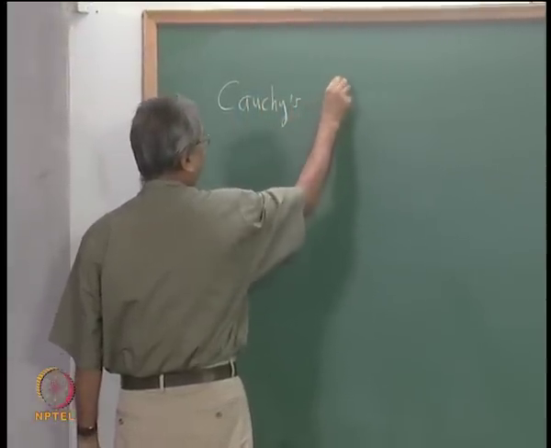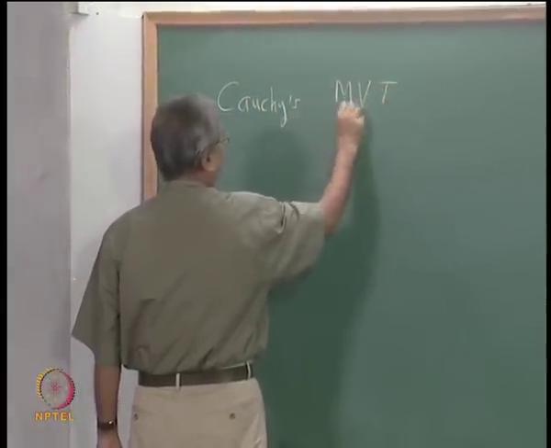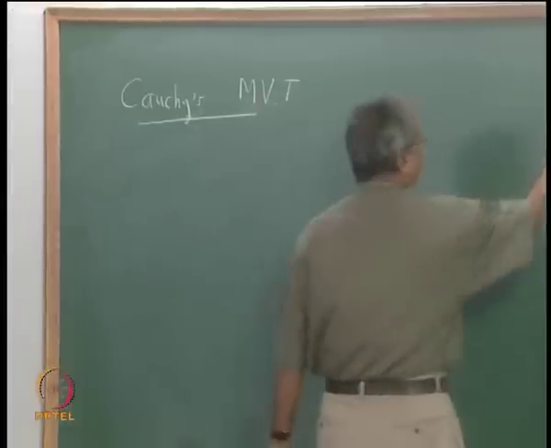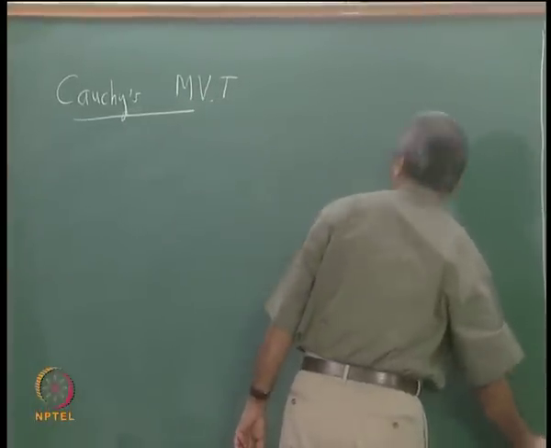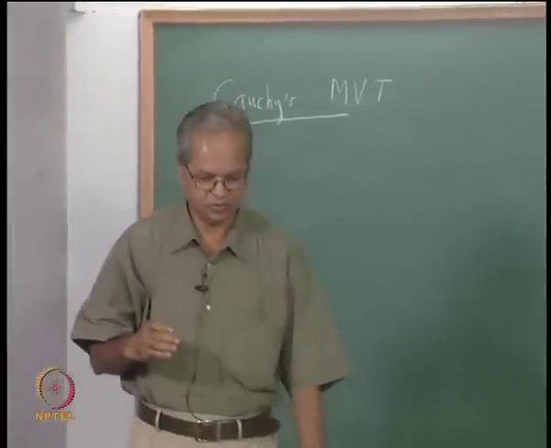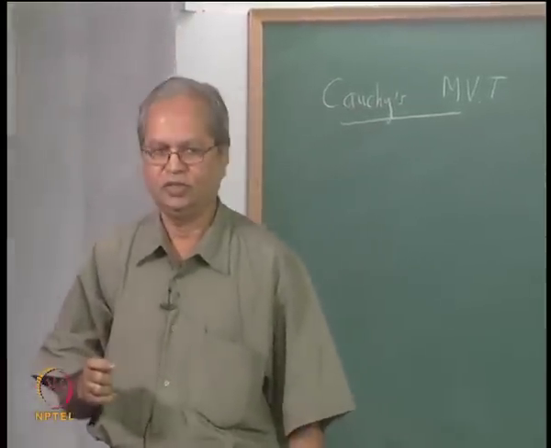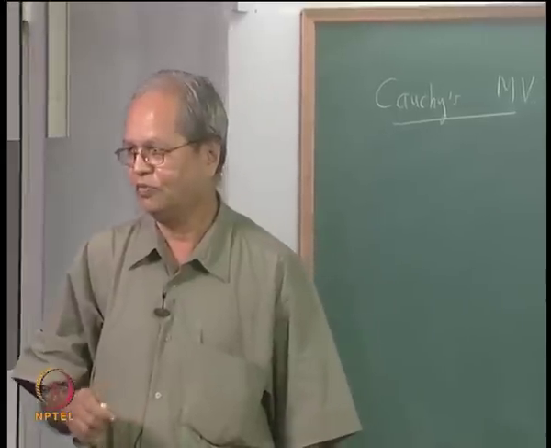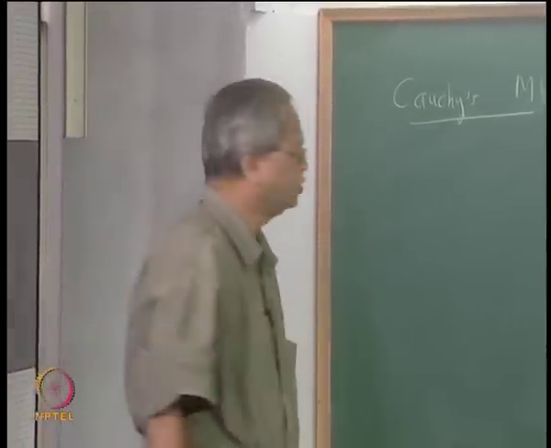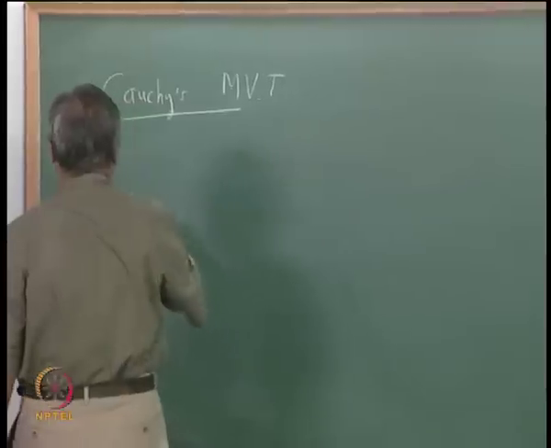I shall use the standard short form for mean value theorem. The main difference is that in Lagrange's mean value theorem you deal with only one function, whereas in Cauchy's mean value theorem you deal with two functions. So we shall begin with two functions.